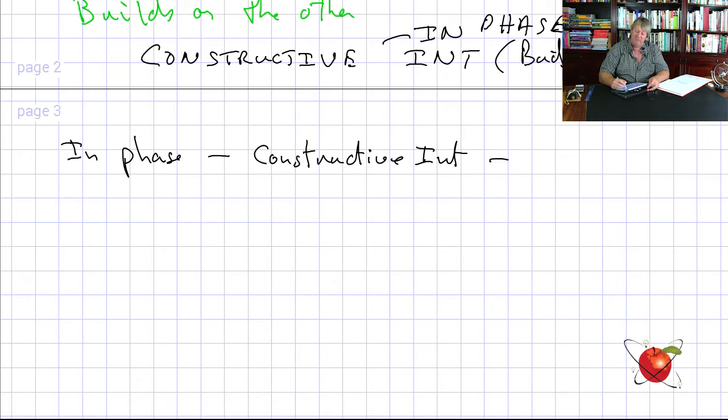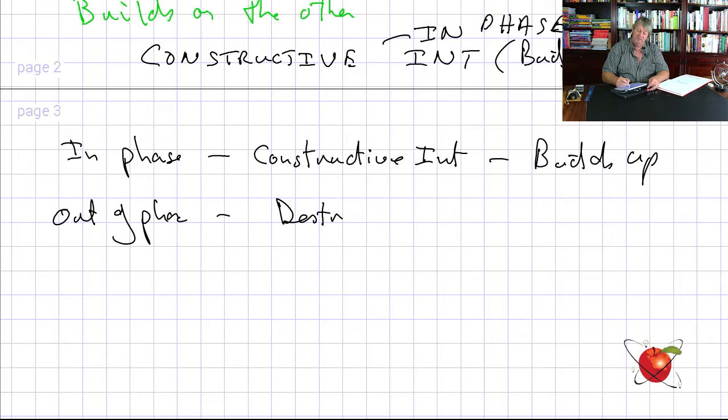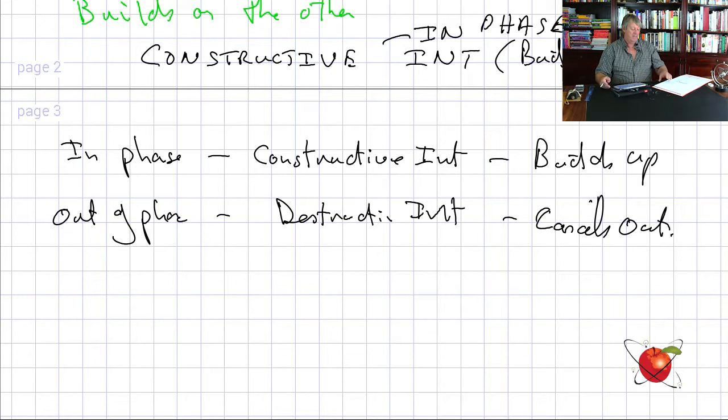Okay? Builds up. Okay? Out of phase, destructive interference, it means cancels. Let me just spell that a little clearer. Cancels out. Okay? Out of phase, they cancel out, etc., etc.